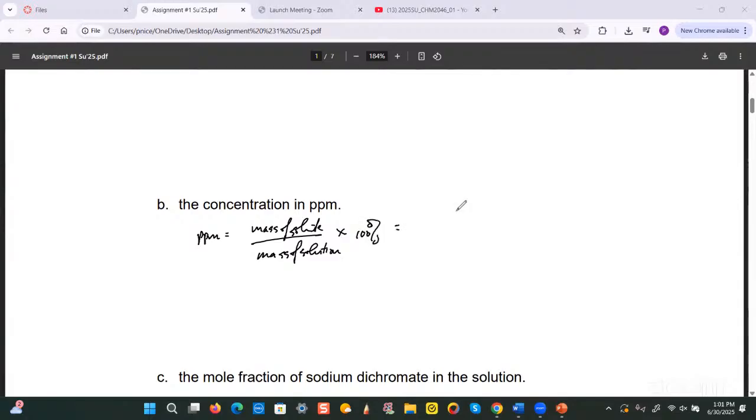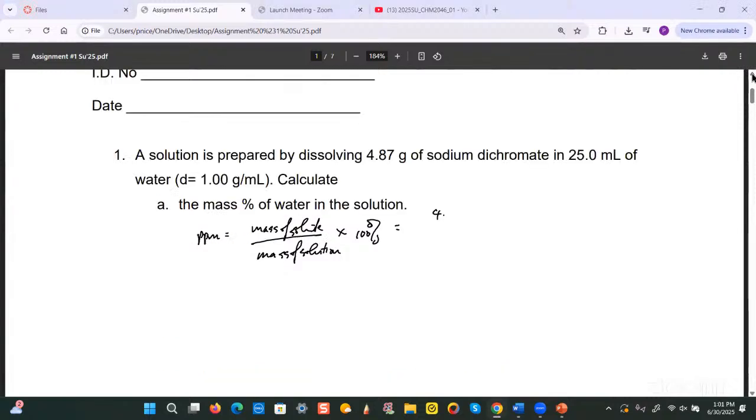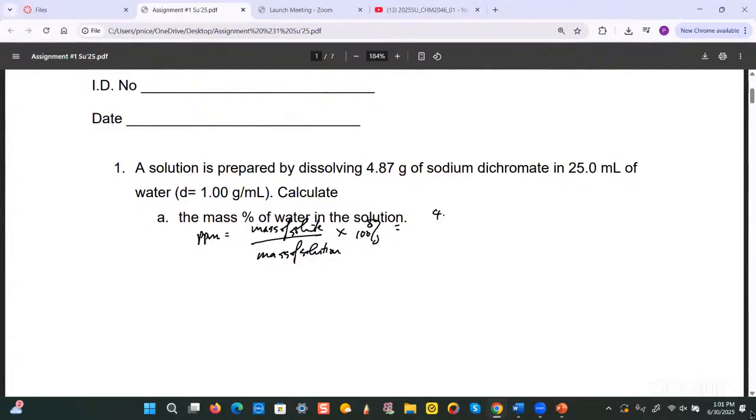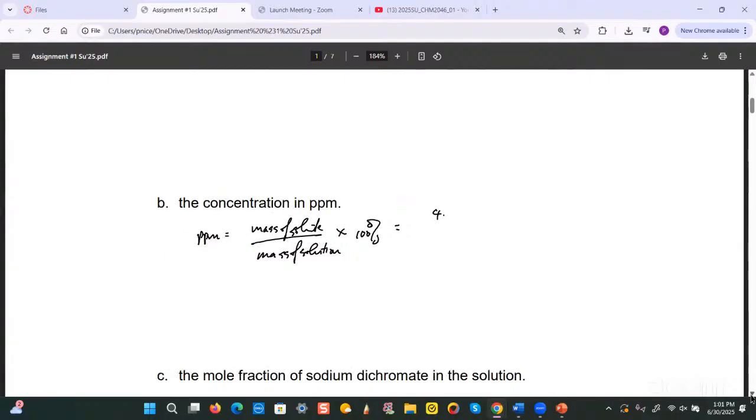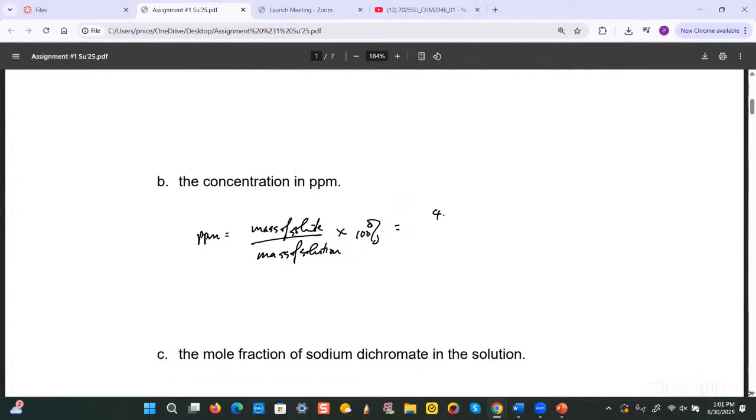So the mass of the solute is 4.87, right? Okay, 4.87. And the mass of the solution was what? I erased it. 29.9. So 4.87 grams divided by 29.9 grams times 100%.